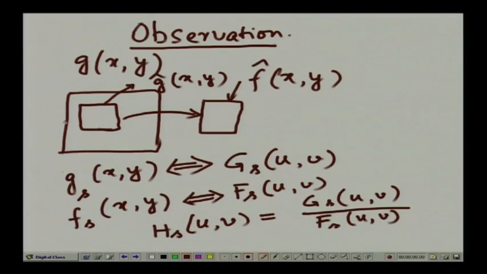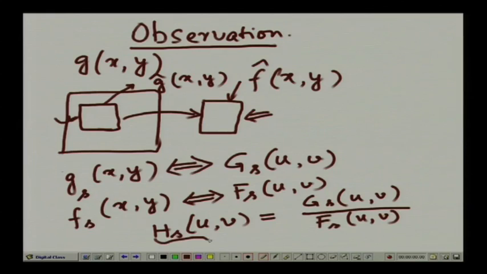Now, in order for this approach to be logical, when I choose a sub image in the original image, of which the reconstructed image should have been formed, the sub image should be in a region where the image content is very strong, to minimize the effect of the noise in this estimation of H_s(u,v).